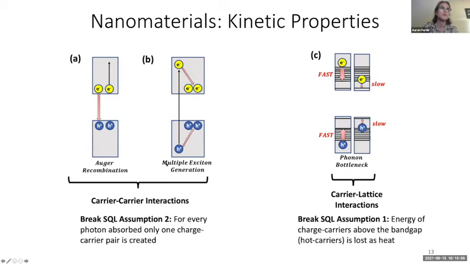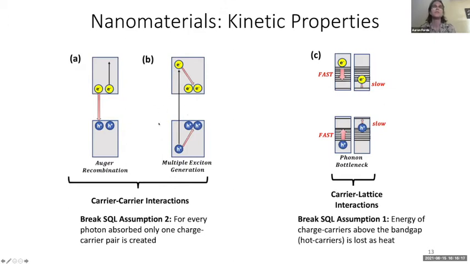And this is known as multiple exciton generation, MEG, which has been observed in various quantum dots experimentally. And this is interesting because it would break the second assumption I described earlier for the limit of photovoltaics.